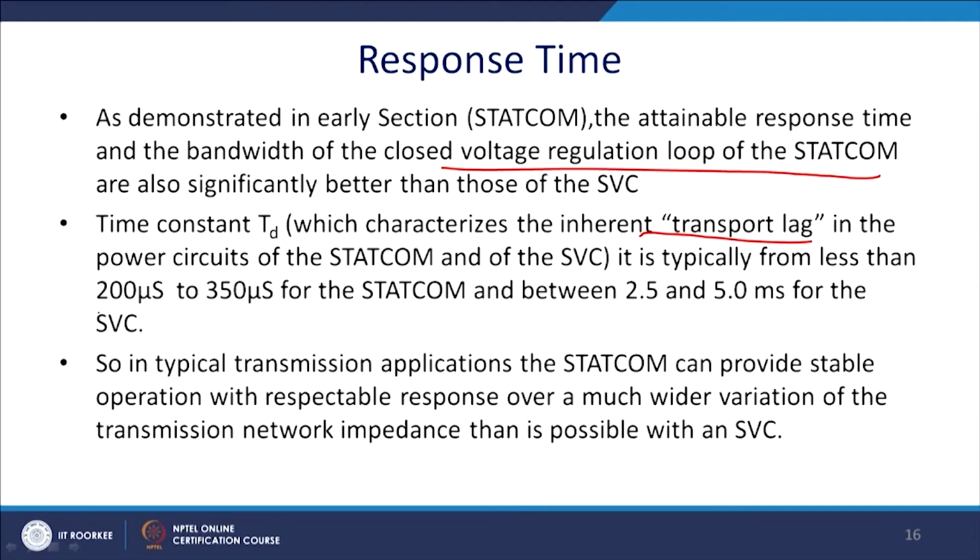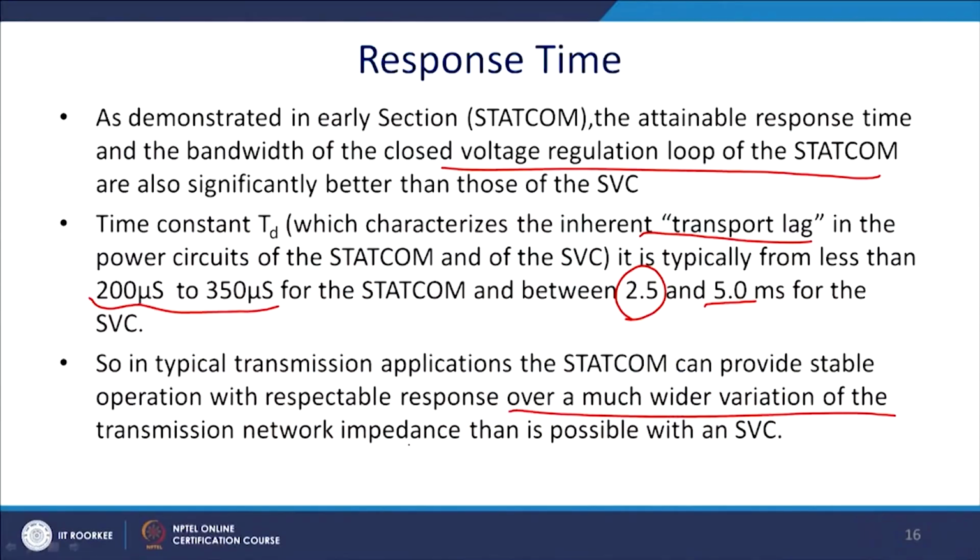The time constant Td, which is characterized by the inherent transportation lag in the power circuit of the STATCOM and the SVC, is typically less than 200 to 350 microseconds in the case of the STATCOM, but it is around 10 or 15 times more in the case of the SVC. So, it is actually 2.5 to 5 milliseconds, that is the pi by 2 peak delay of the SVC, because you may have to have a transient free operation.